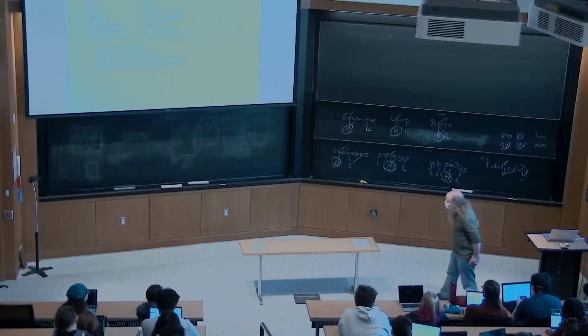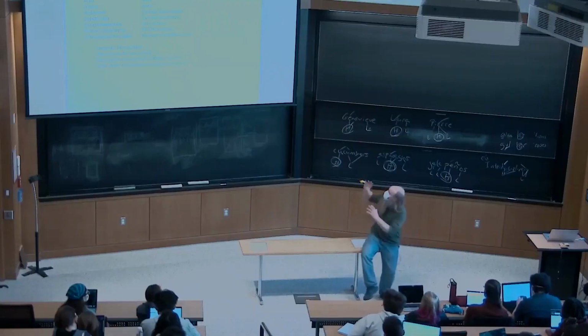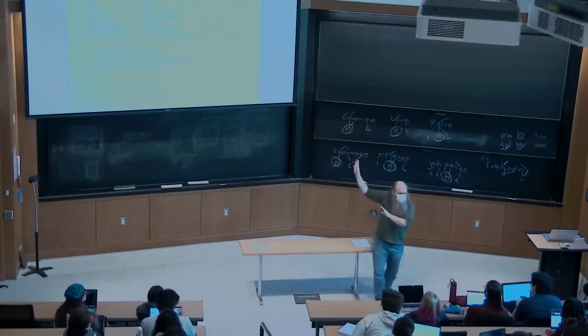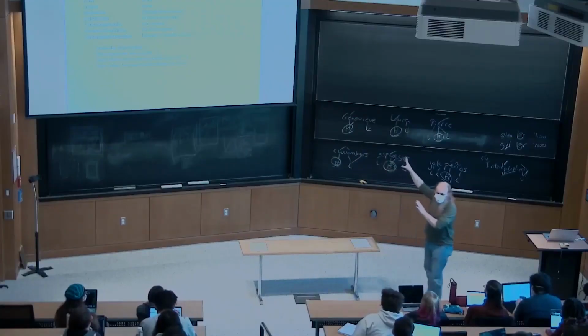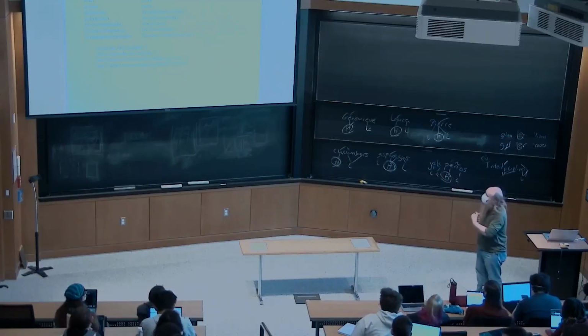So if we let ourselves say things like stress the odd-numbered syllables, first, that by itself doesn't actually cover this, even though it's what I said. So it's really stress the odd-numbered syllables unless you're going to stress the last syllable, don't stress the last syllable. So even just saying that, what I just said is best stated in terms of conflicting constraints.